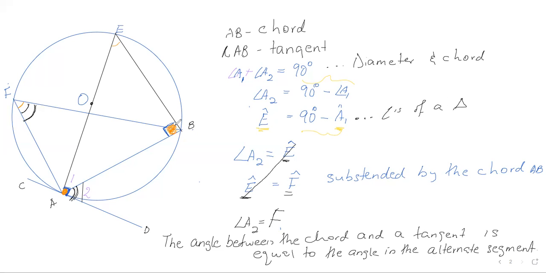When this is 90, you're left with 90, which is E and A. So you have succeeded in showing that the angle between the chord and the tangent is equal to an angle in an alternate segment.